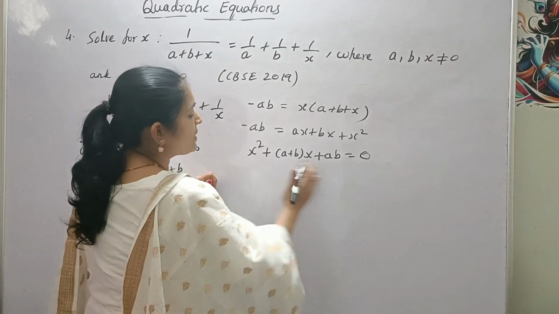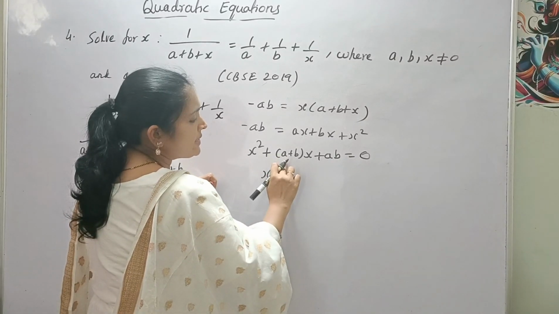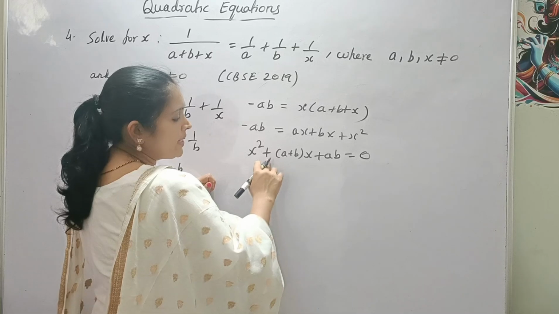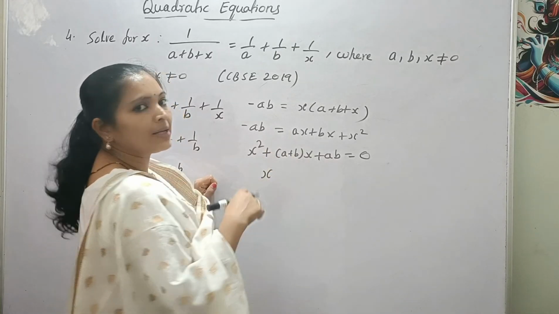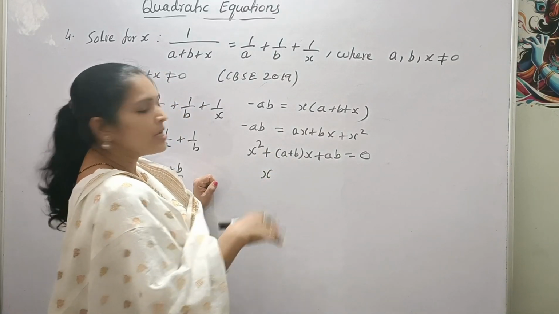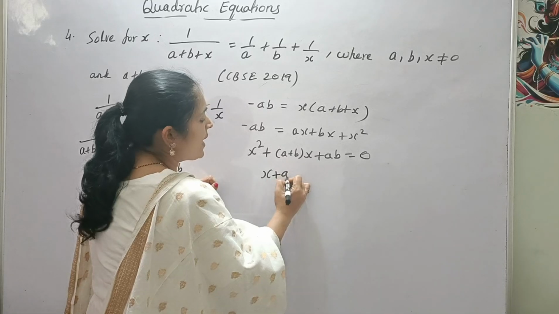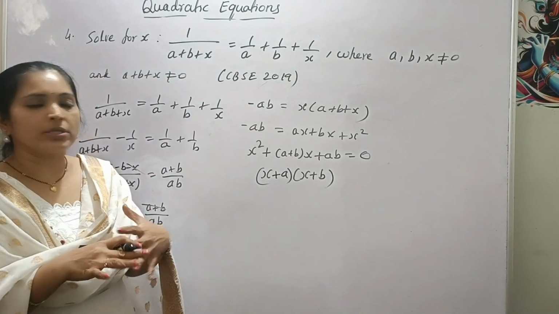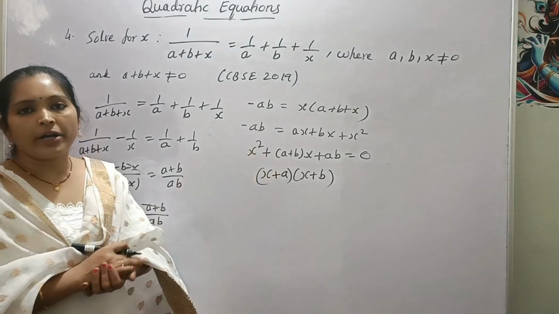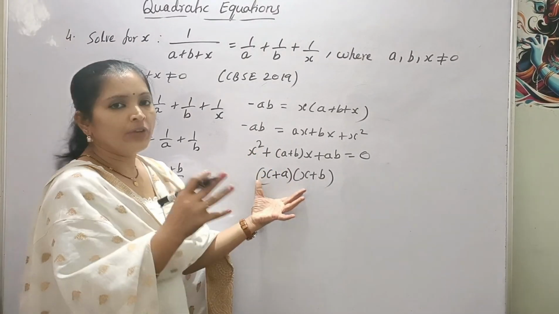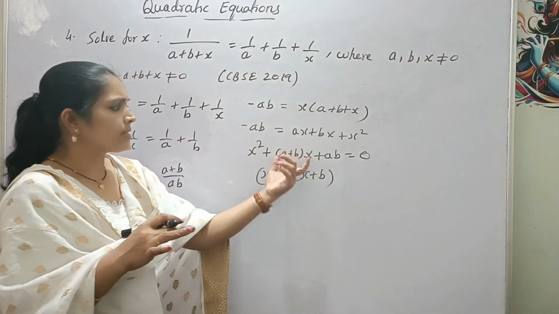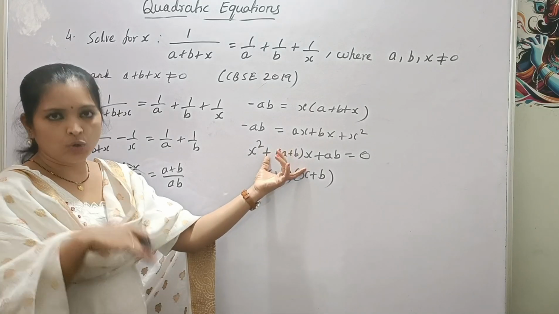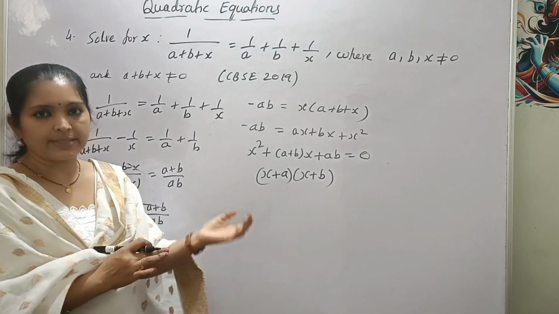So here we can write x minus of minus a and minus b, it is plus. Therefore minus a and minus b are the zeros. So here x plus a into x plus b. See, if you are confused, then you can apply the quadratic formula, so that you will get these zeros or solutions of x.